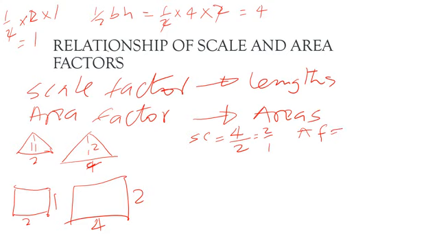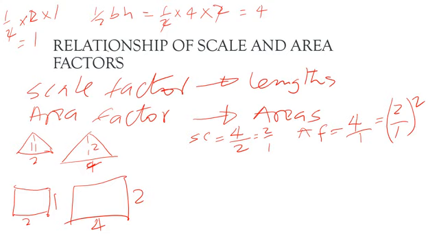So you will see that the area factor here is the area of the bigger, enlarged object divided by the object. So it's 4 over 1. But if you look at this, it's the same as 2/1 squared.